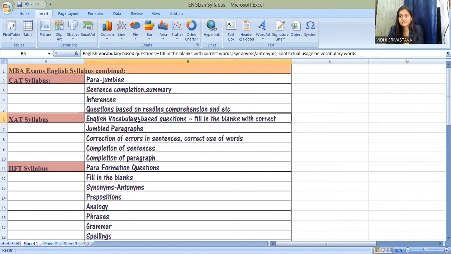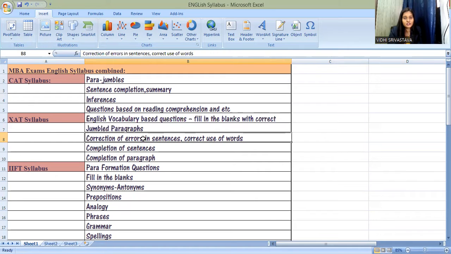Now a similar syllabus is there in XAT, but there are some extra things: correction of errors in sentences, and correct usage of words. Completion of paragraph is also there in XAT, which is different from parajumbles or summary. Sentence completion is a small part, where you have to complete only a sentence.